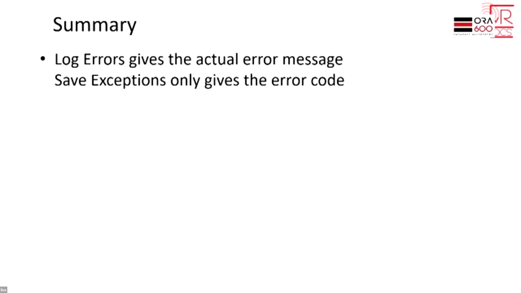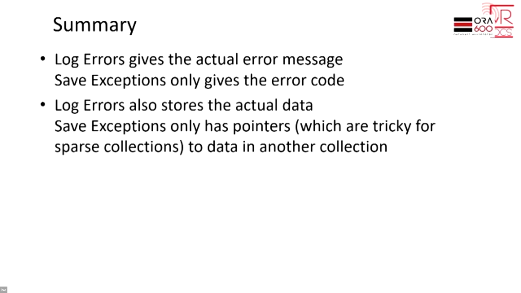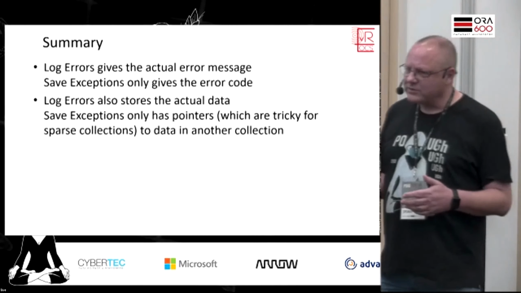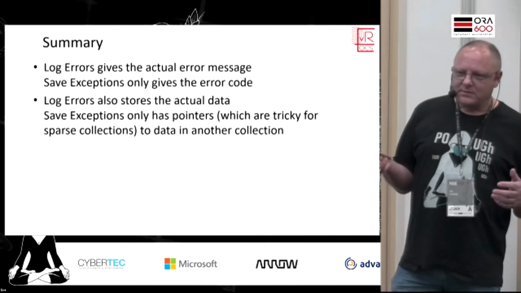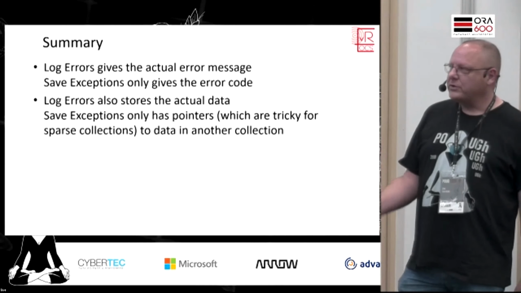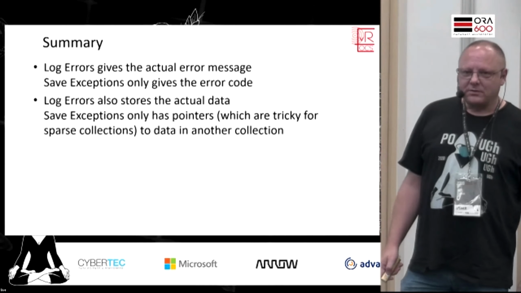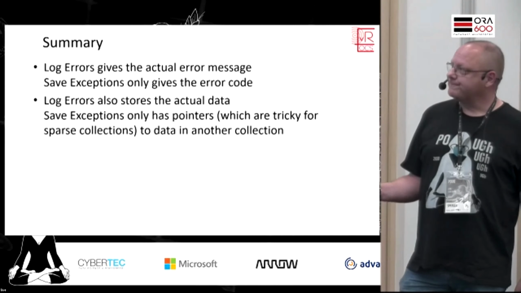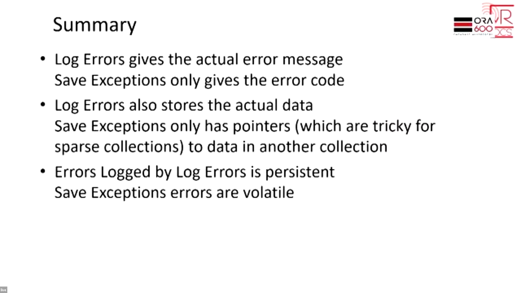In summary, with log errors, you get the actual error message and not just a number. They also store the actual data. With save exceptions, you only have some kind of link with your original collection, which could be problematic if you have sparse collections. Errors logged by log errors are persistent, unless you do it in a global temporary table, of course.